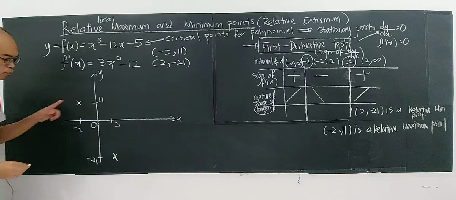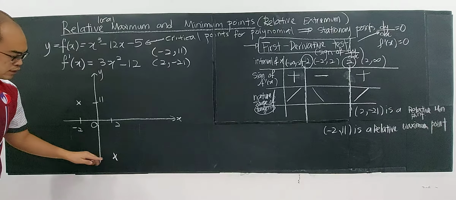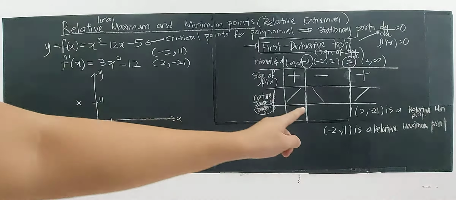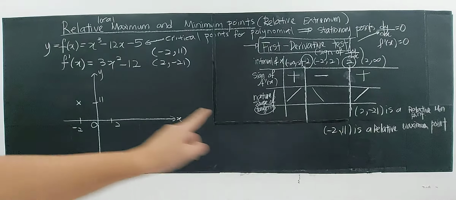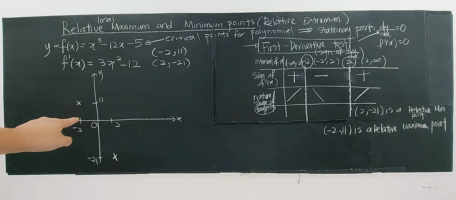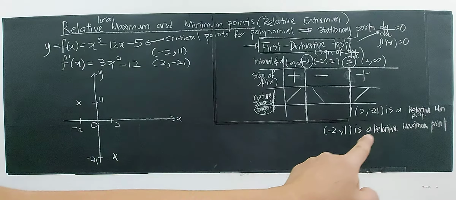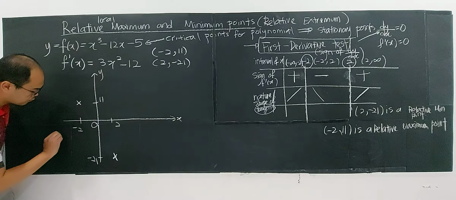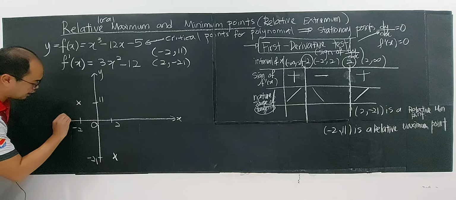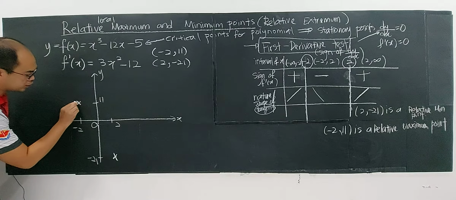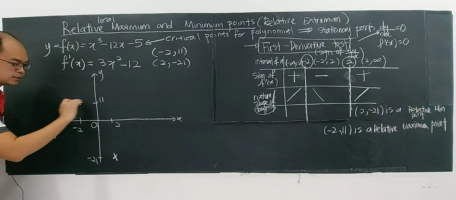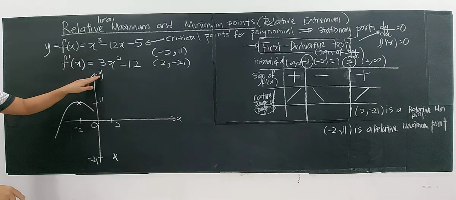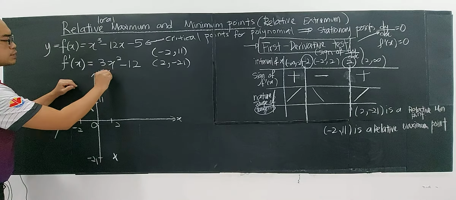Now this is also a stationary point, or we say turning point in this case. Based on -2 being a relative maximum point, the curve moves this way, going up, and then stationary here, stops for a moment. Then it will intersect the y-axis, which means x is 0.